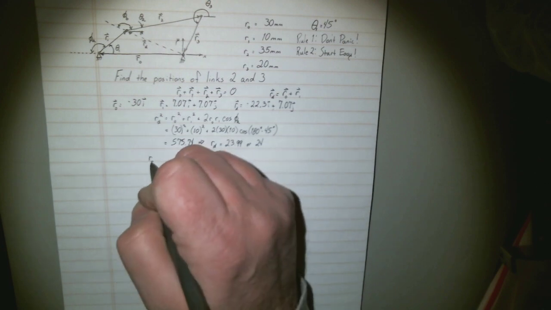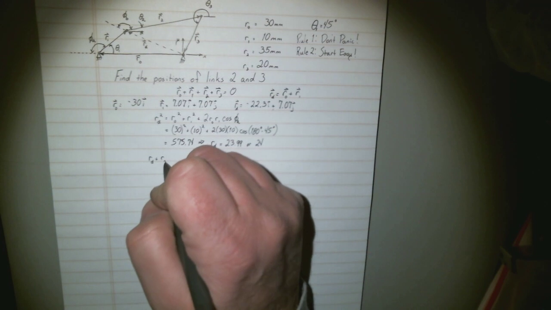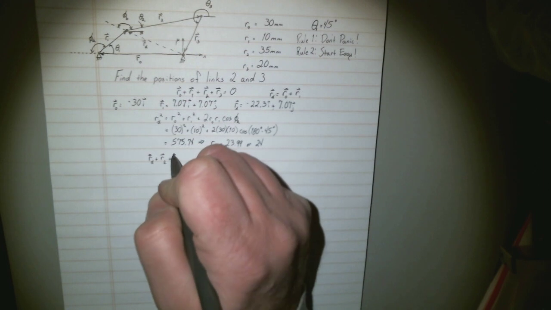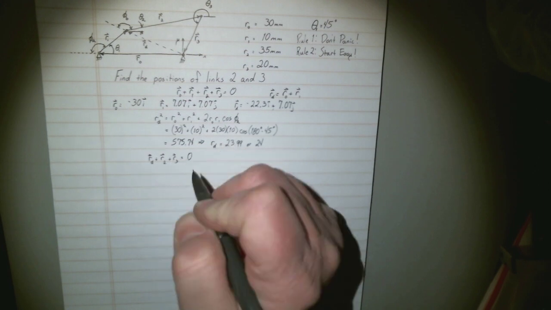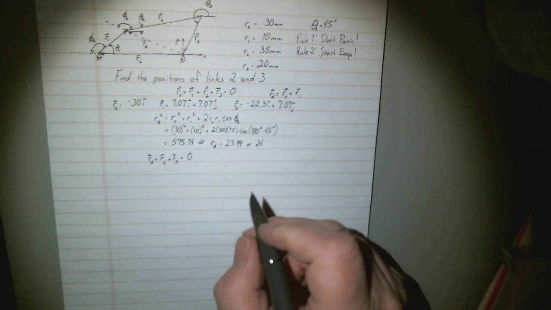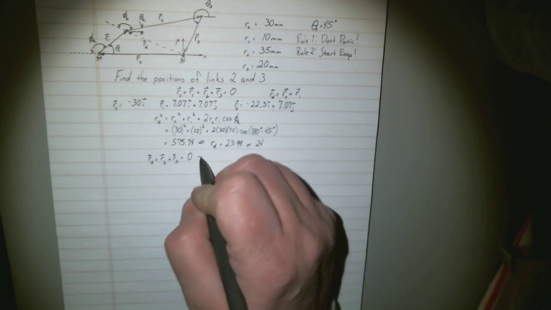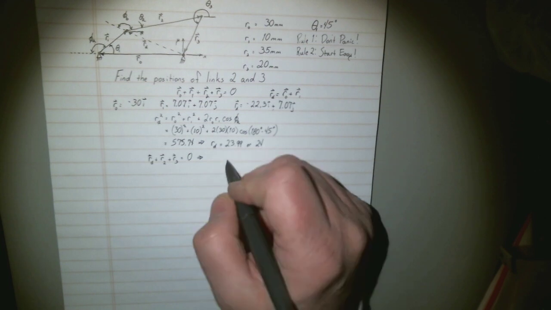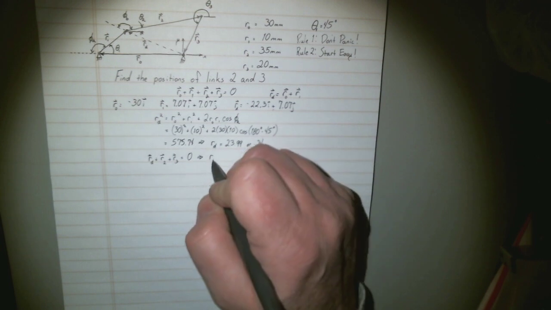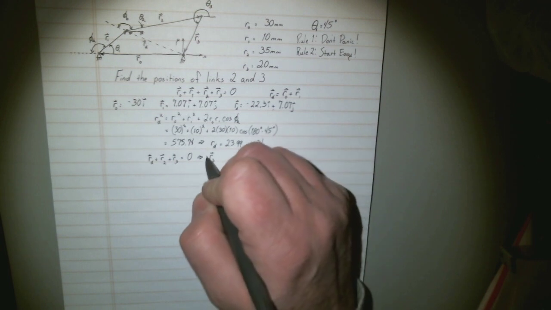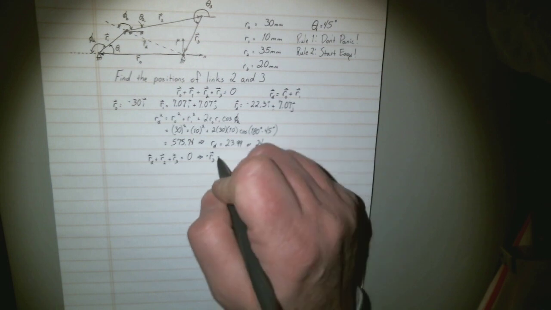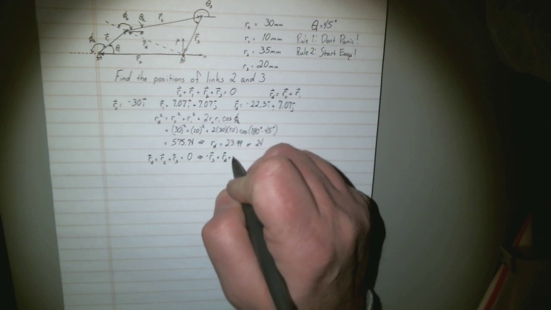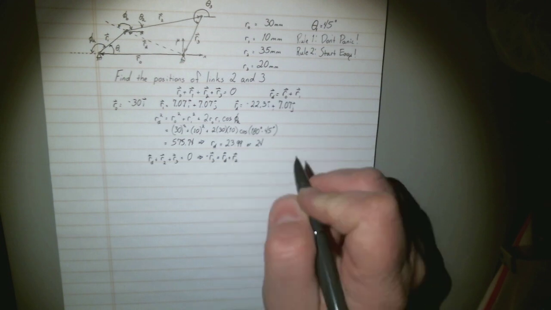Solving that for one of my unknowns, negative r sub 3 is equal to r sub d plus r sub 2.